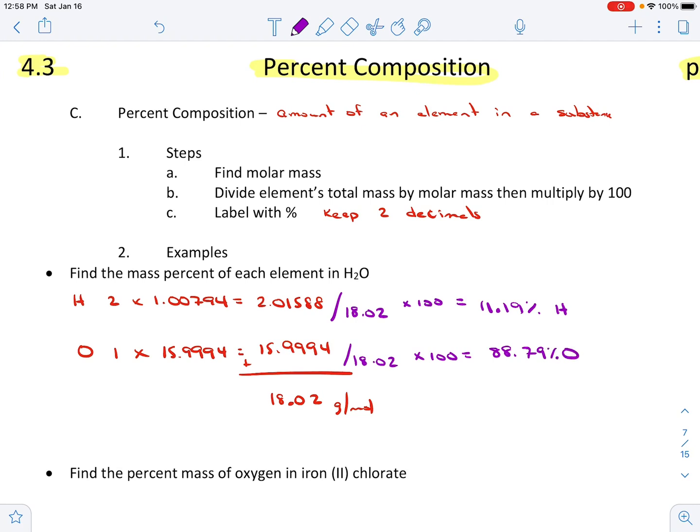And if we add those up, if we check that out, we've got 88.79 plus 11.19. We should be really, really close to 100, and we are. So that is finding the percent mass of each element in there. All right. So that's our first one.